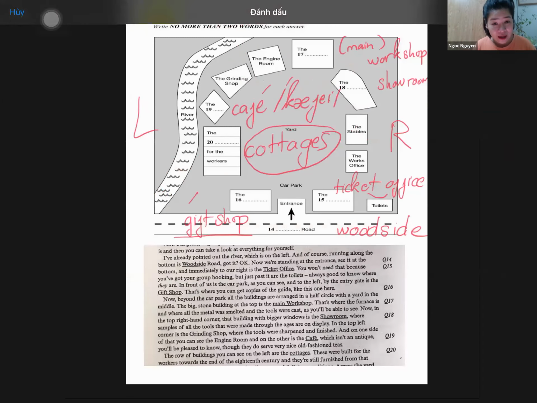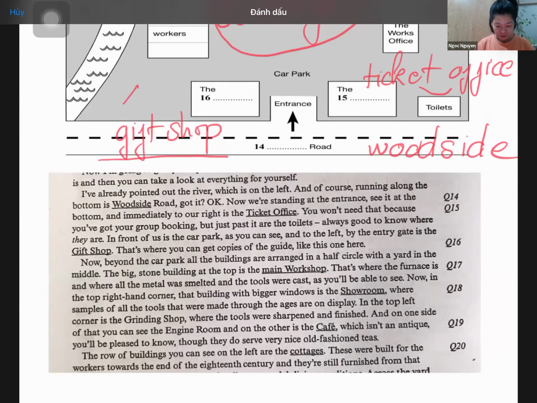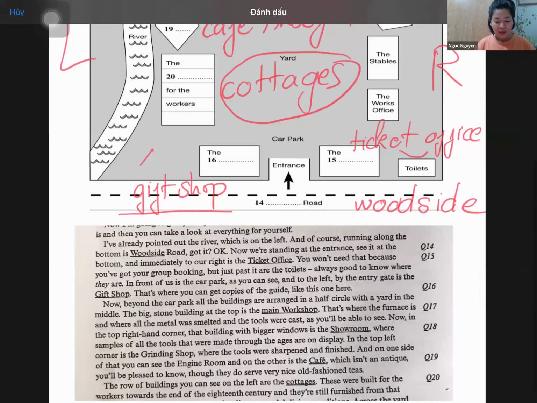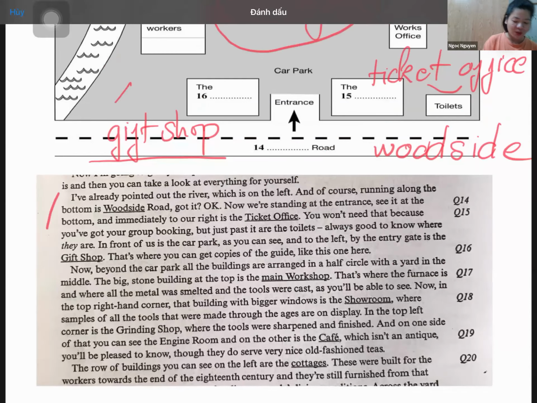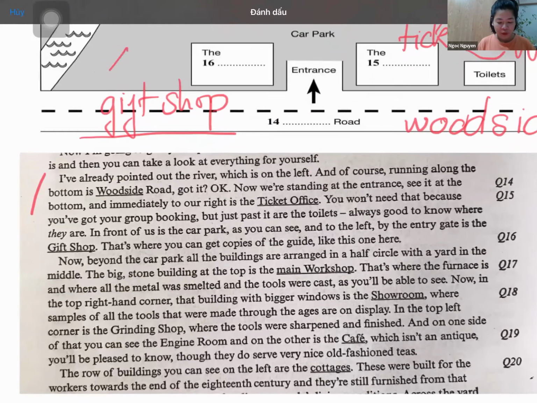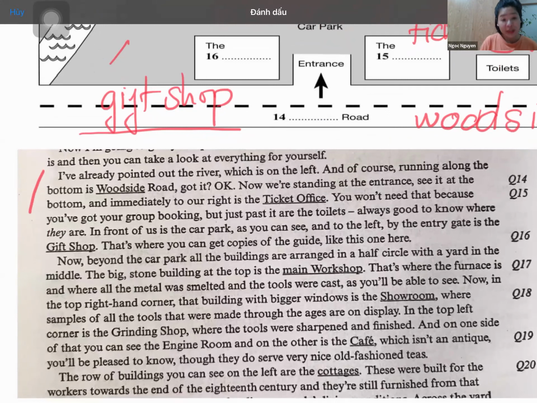Okay, everybody, now let's check the transcripts, and all of your answers here are correct. Everybody, you will see that she started at the bottom, right? Something running along at the bottom is a woodside road, and then she also told you about the starting point, the entrance.